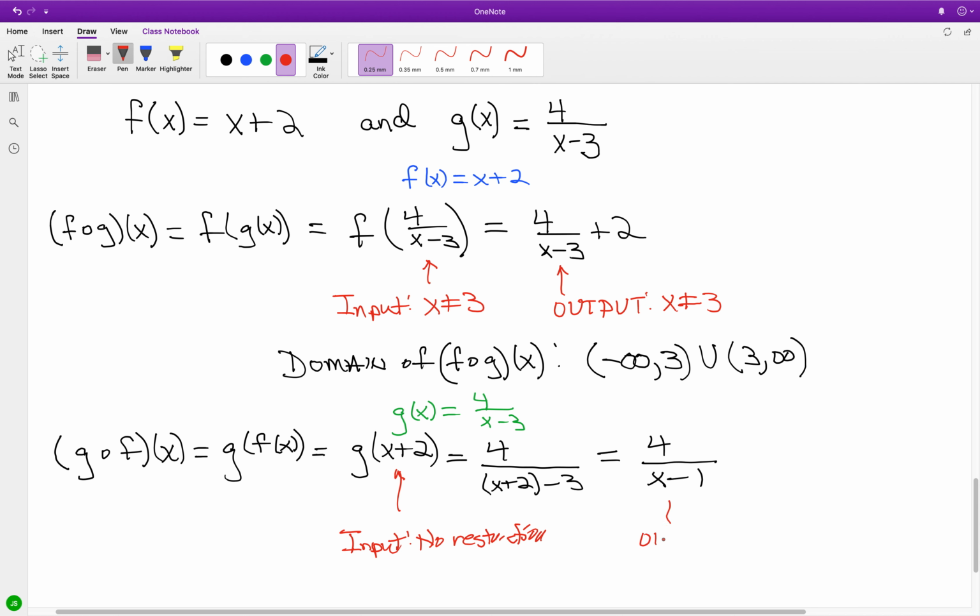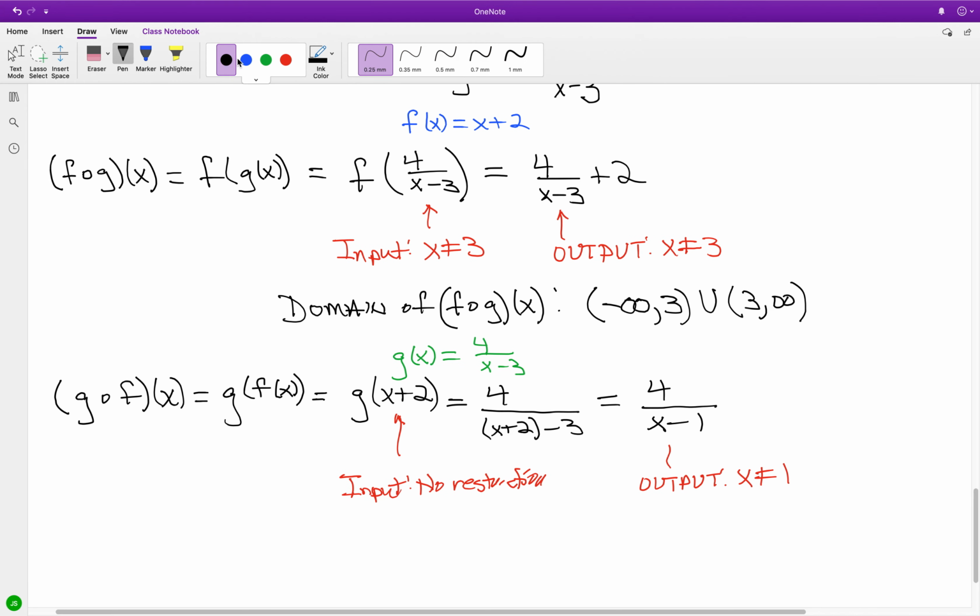This does not allow x minus 1 to be 0, so x cannot be equal to 1. Combining the restrictions, none from the input, but x cannot be equal to 1. So the domain of g composed with f of x is the set of all real values excluding 1.